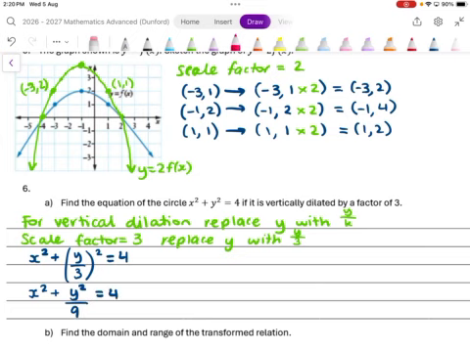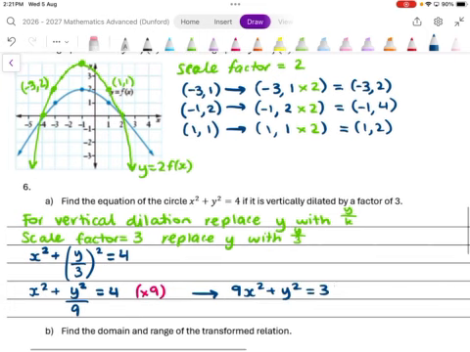And that looks a little bit ugly with the over 9, so we can multiply every term by 9. So this becomes 9x squared plus y squared equals 36.